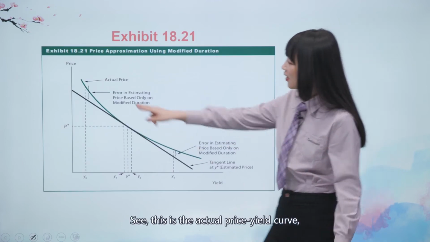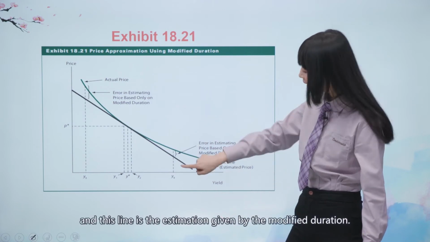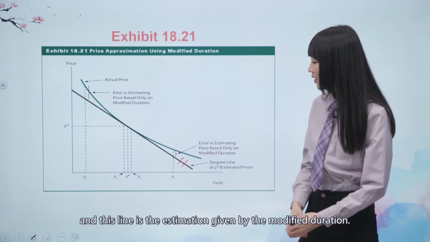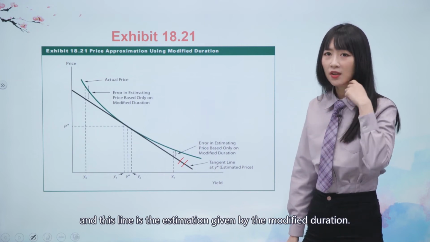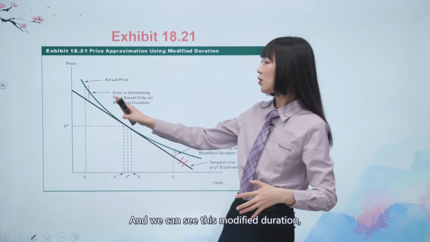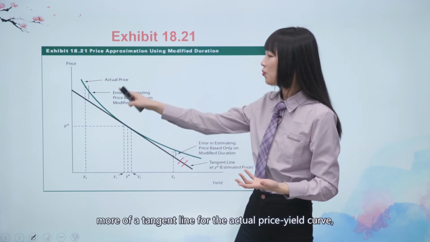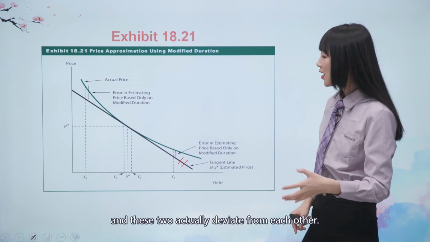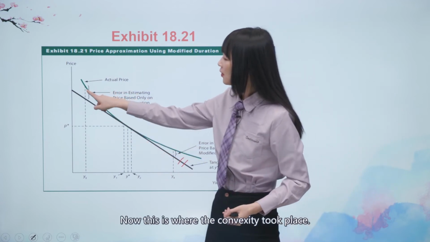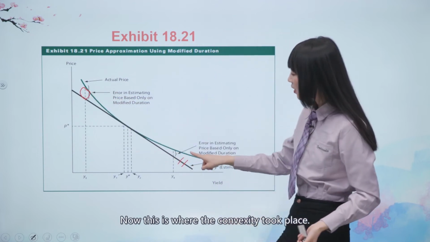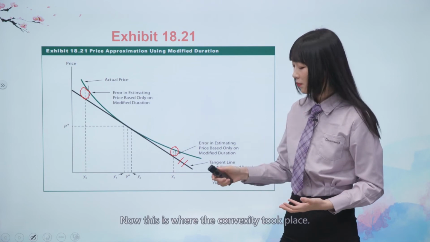See, this is the actual price-yield curve, and this line is the estimation given by the modified duration, and we can see this modified duration is more of a tangent line to the actual price-yield curve, and these two actually deviate from each other. This is where the convexity takes place.